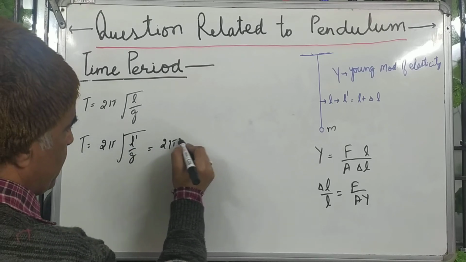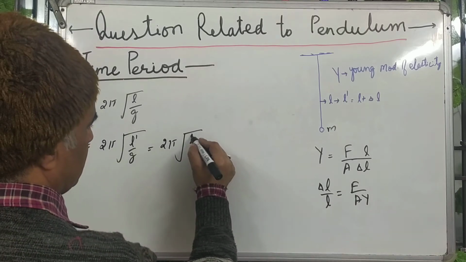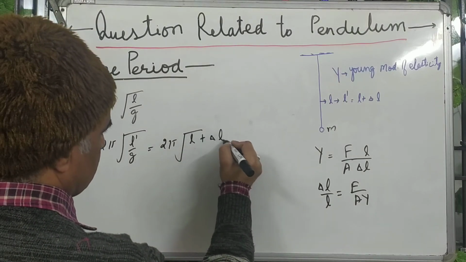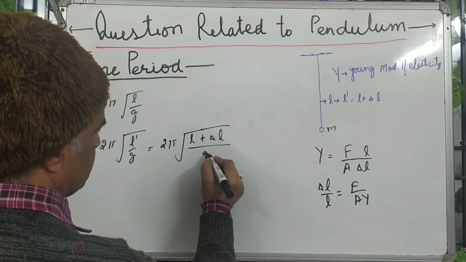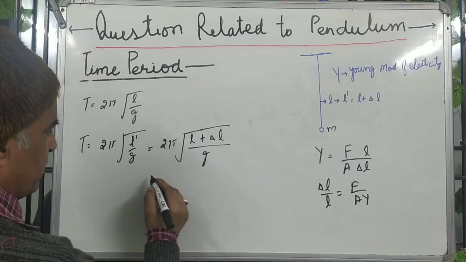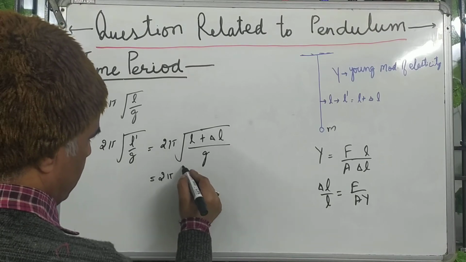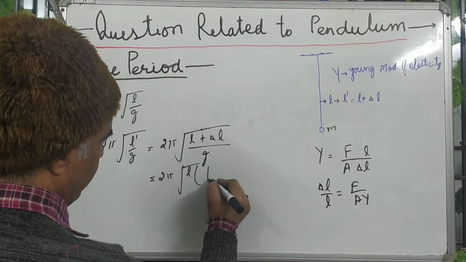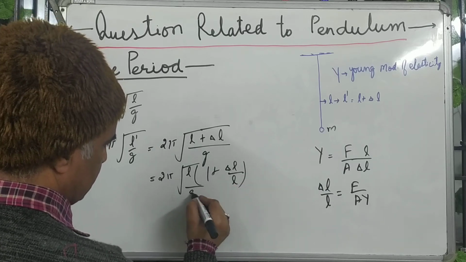L dash means L plus delta L upon g. Taking 2 pi and L common, 1 plus delta L upon L, whole upon g.